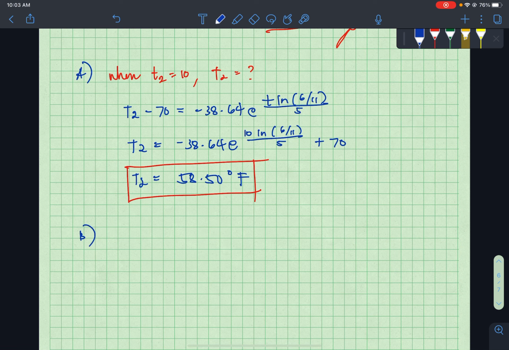Then our second requirement is, when T2 is approximately equal to 69.99, what would be the time it would take for that?